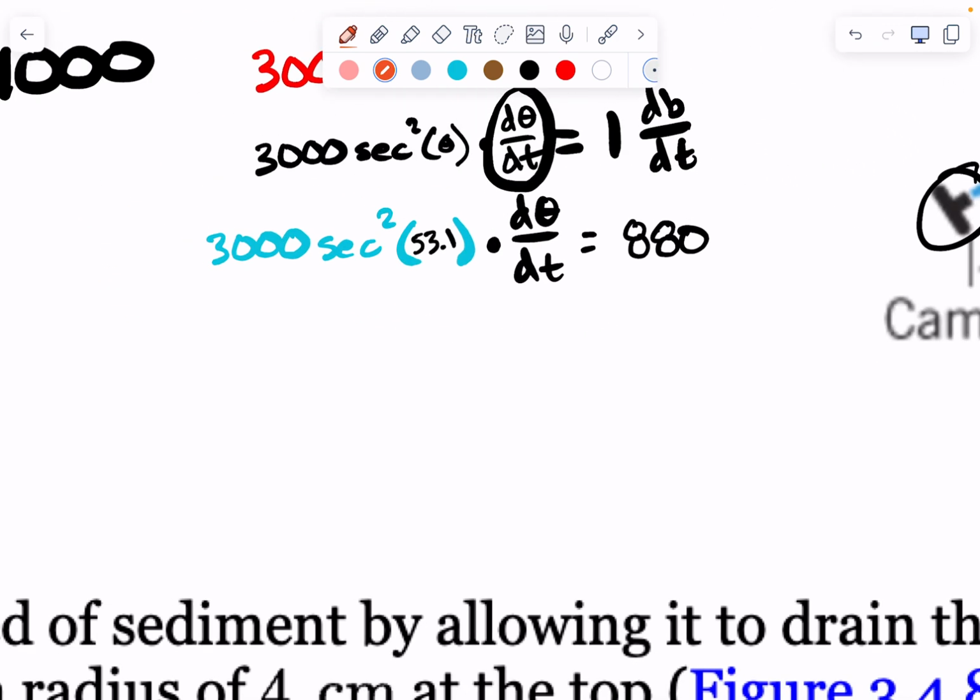So secant squared of 53 would be the same thing as 1 over cosine squared of 53. So what you're going to do is go cosine of 53.1, square that, and take 1 divided by that number. And you have to take it times 3,000.